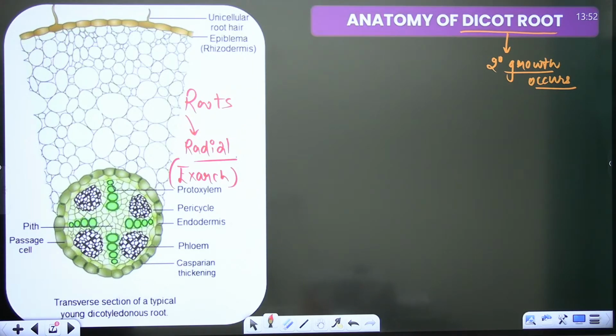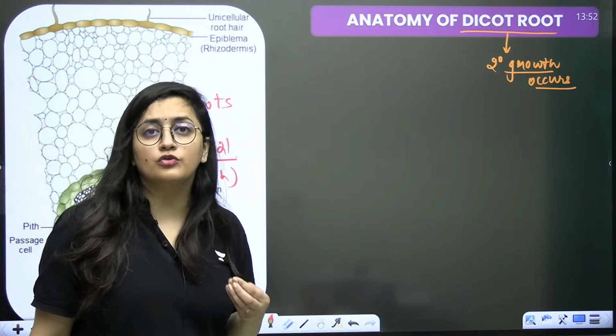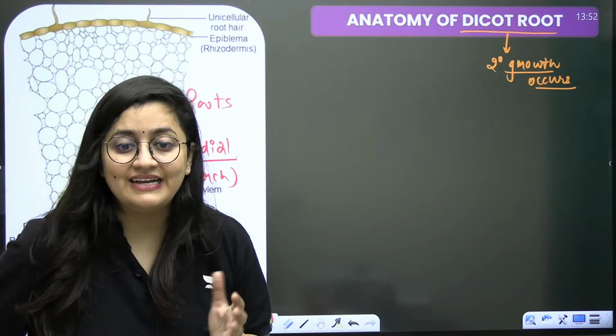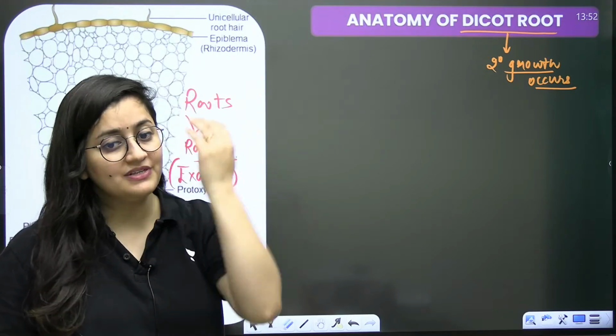Yes or no? Of course not. So whether it is a dicot root or a monocot root, in roots the hypodermis is absent.